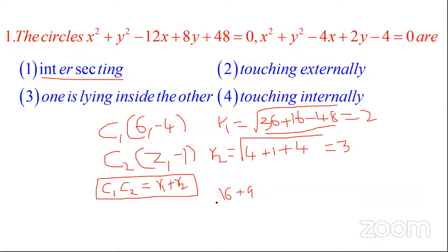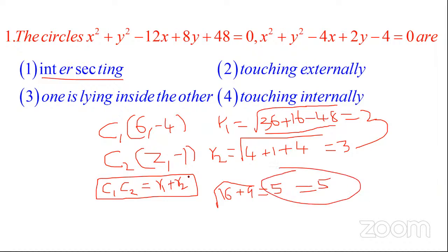So under root of 25, the C1 C2 value is 5. R1 plus R2 is 3 plus 2, which is 5. So 5 equals 5, C1 C2 equals R1 plus R2, so that is touching externally.